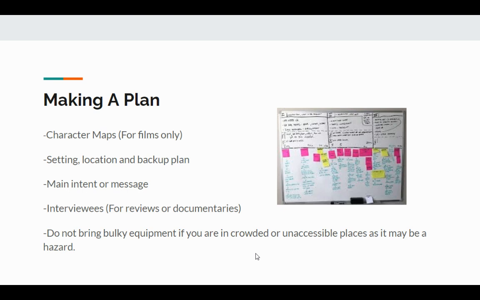Main intent or message. Now, if you have learned when investigating sources that certain sources or even all sorts of media content tend to have a message or purpose to convince your audience to do something, or just to instill some kind of value or meaning behind the film.